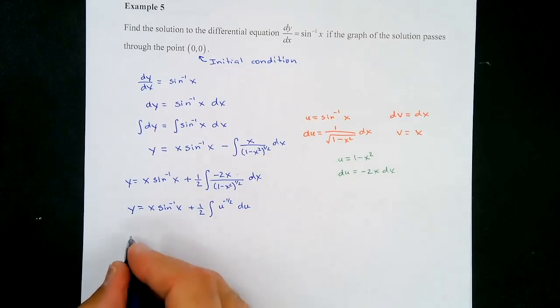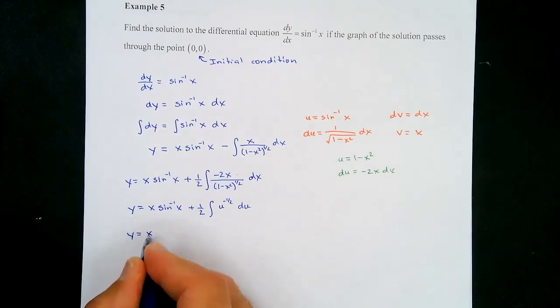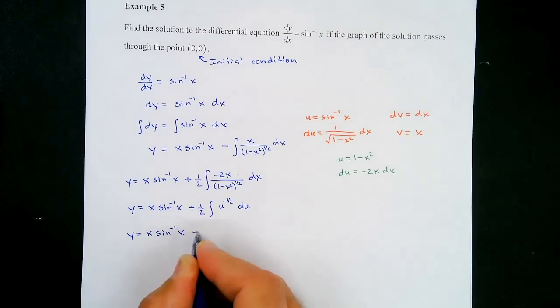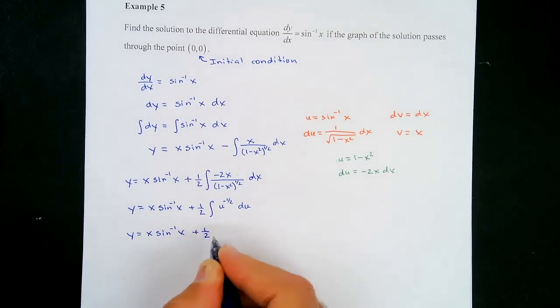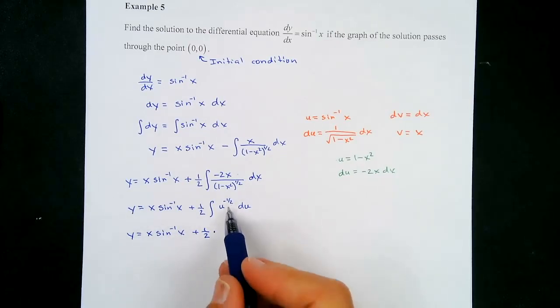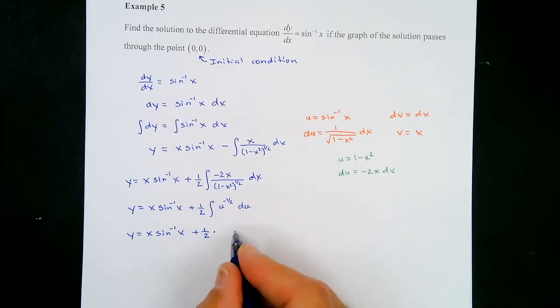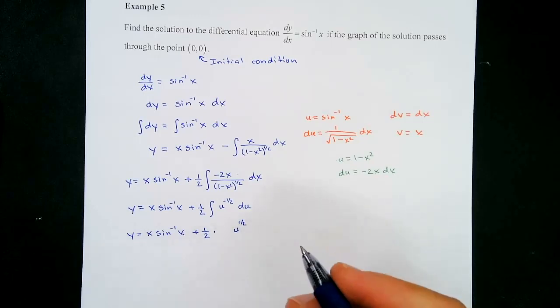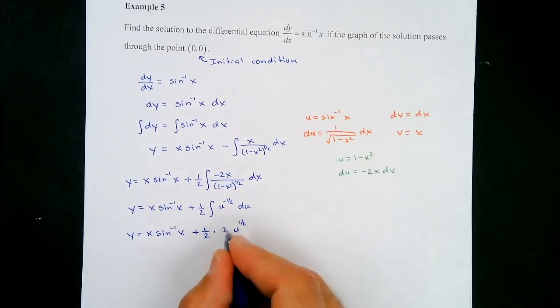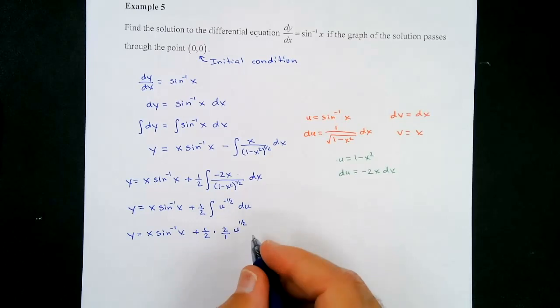So this is going to be y is equal to x sine inverse of x plus 1/2 times, okay, so I'm going to have to add 1 and divide by that new power, right? So adding 1 to this, that makes u to the 1/2, right? Now I'm dividing by the new power 1/2, right? But a better way is to multiply by the reciprocal. So times 2 over 1, or just 2.